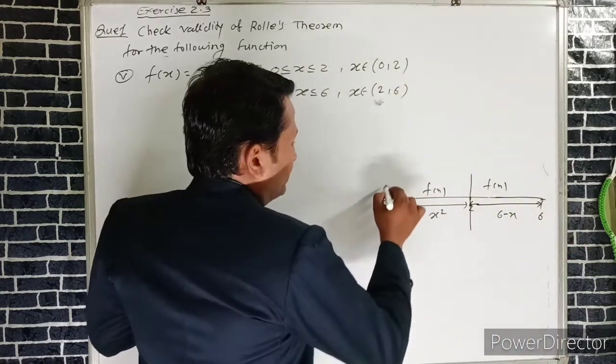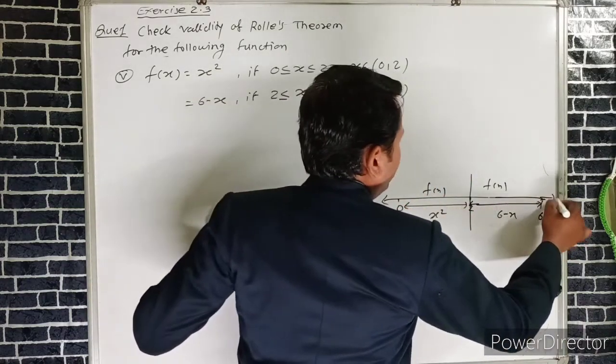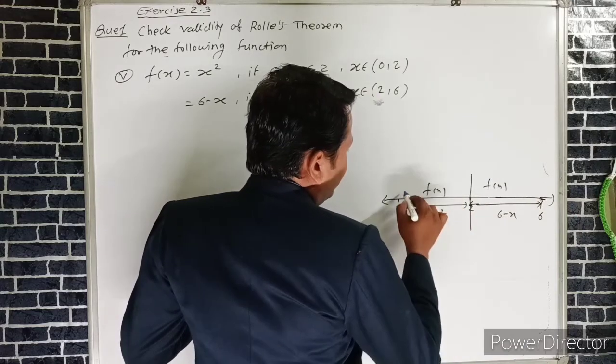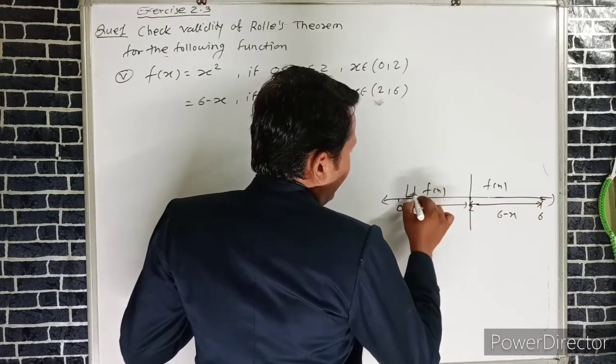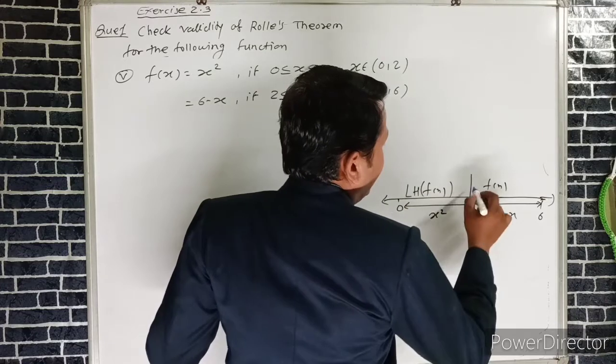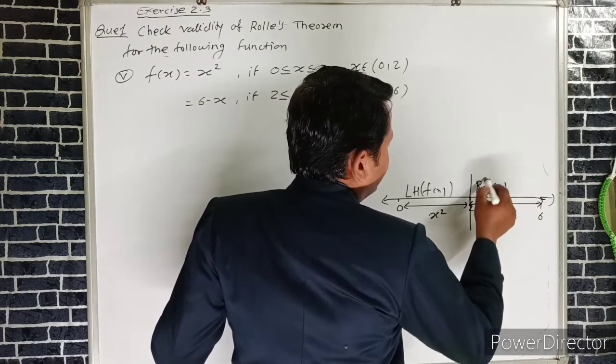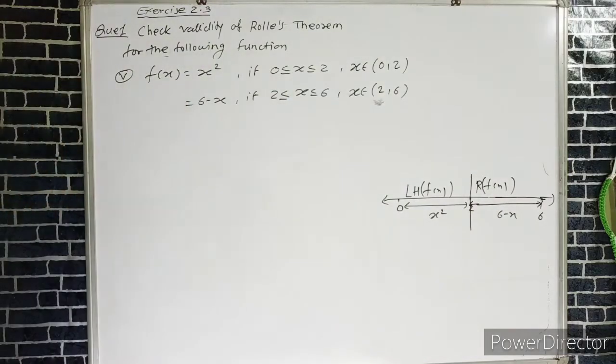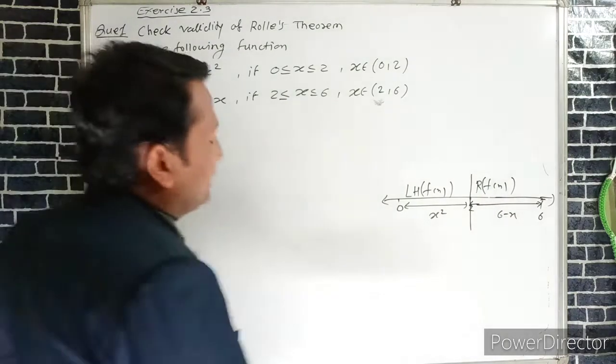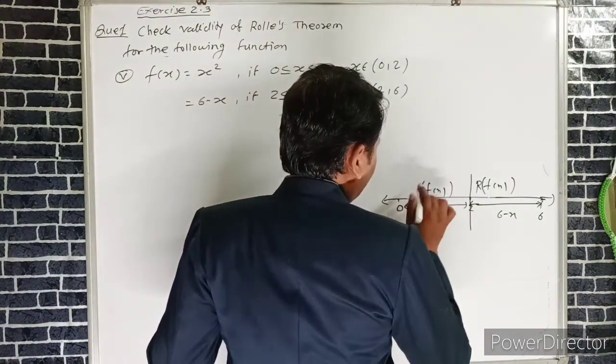So this function, we can say that x square is the left hand function and 6 minus x is the right hand function.